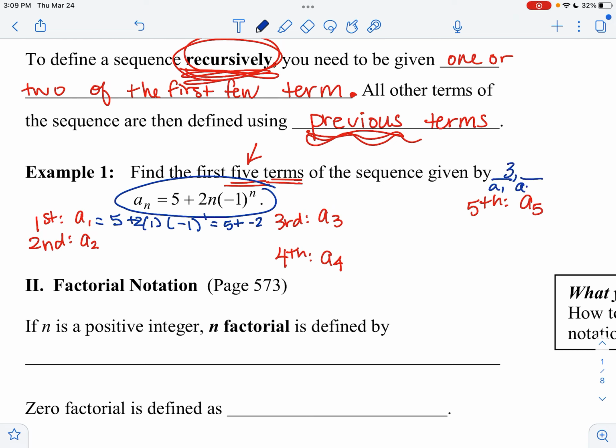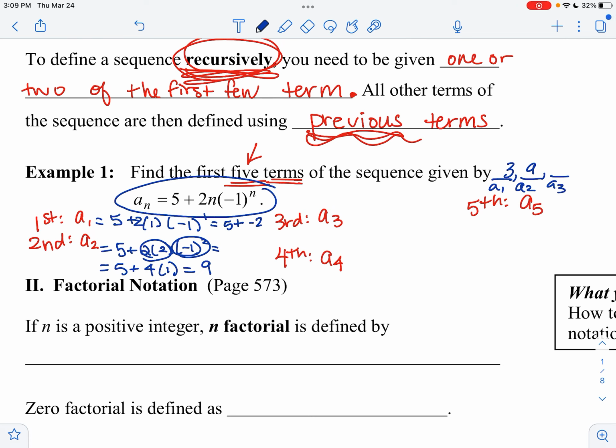For our second term, we say 5 plus 2 times 2 times negative 1 to the 2 power. That's 5 plus 4, and negative 1 squared is just 1. That's 5 plus 4 is 9. So that's our second term.